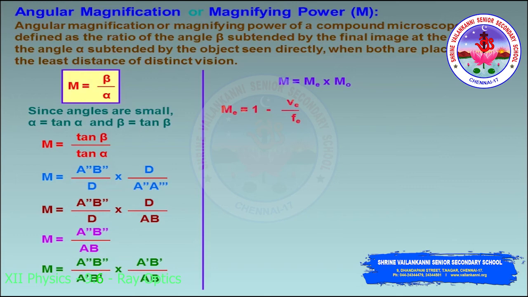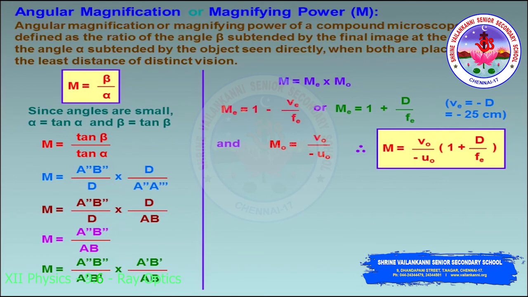Me is equal to 1 minus Ve by fe, or we can write me equal to 1 plus D by fe. And mo is equal to v by minus u, as we know. So m is equal to v0 by minus u0 into 1 plus D by fe.